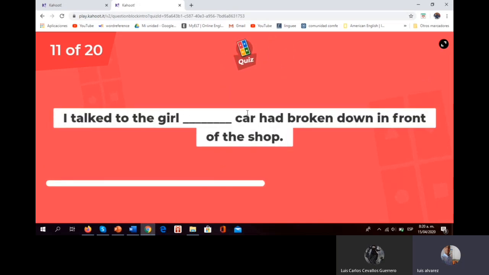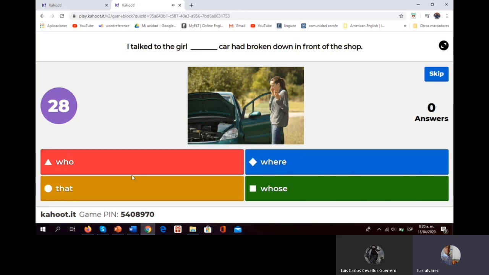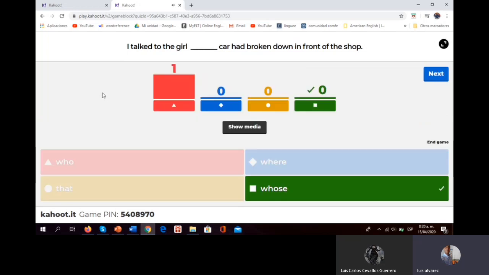I talked to the girl. Car had broken down in front of the shop. Who, that, where, or whose. You have to look at the example. Actually, whose?